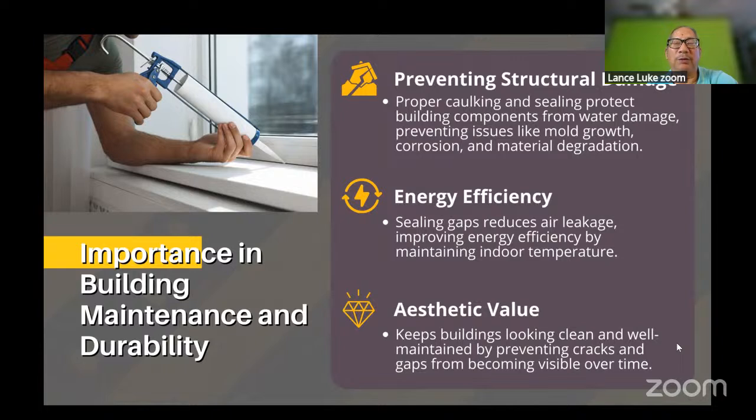If it's winter time and you want to be warm, but you have a lot of open areas on the exterior, cold air gets in and it takes longer to heat up the place. During sunny days when it's hot, your air conditioner is going to be running a lot more just to get the air cool because you have hot air coming inside. So we want to reduce the gaps.